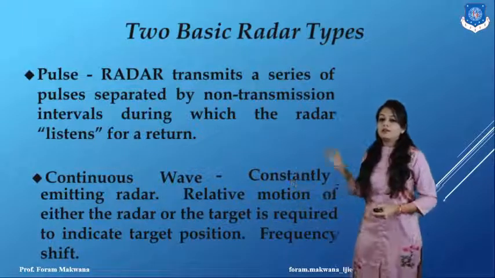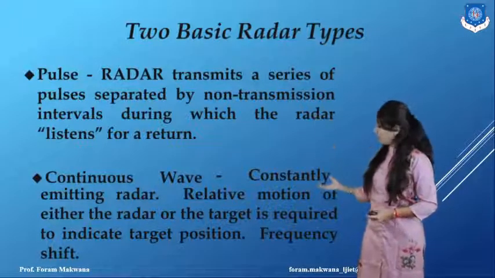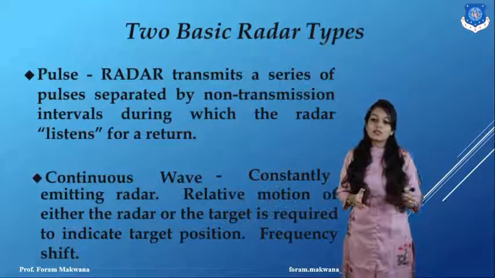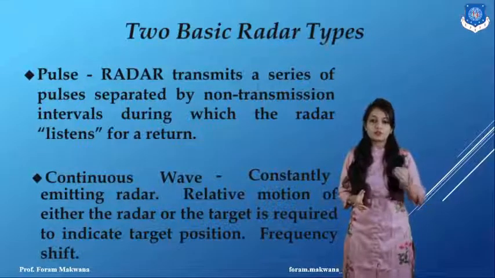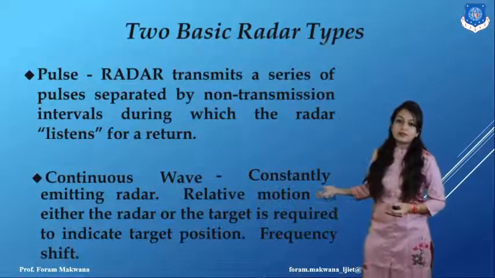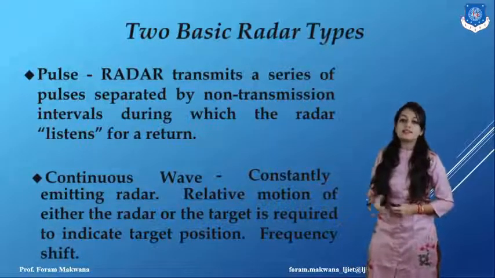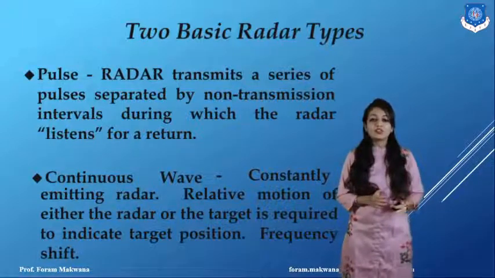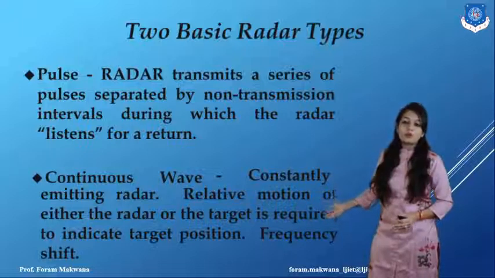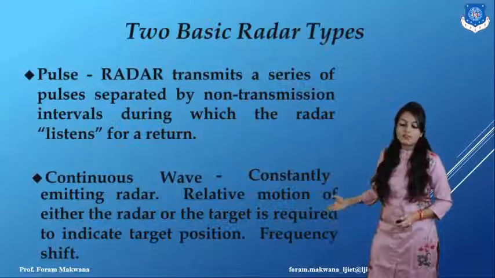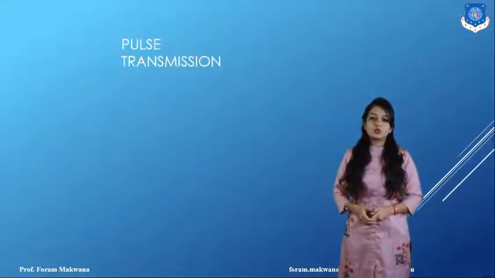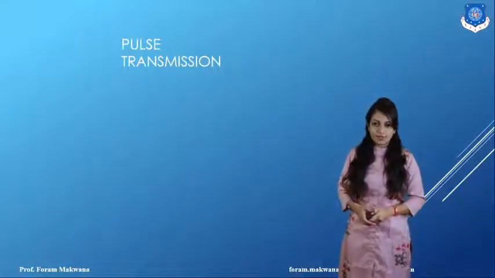In a continuous wave radar, it constantly transmits the wave. So relative motion of either the radar or the target is required for detection of the target. It includes the concept of Doppler frequency, or frequency shift. So these are the two basic types of radar.